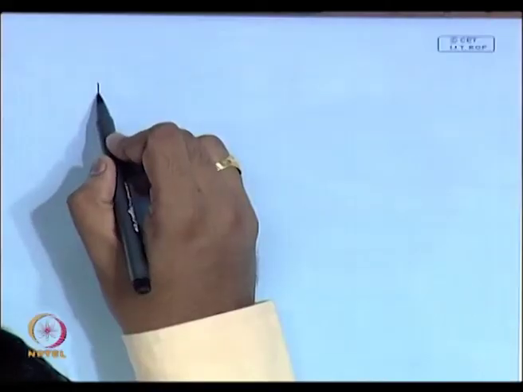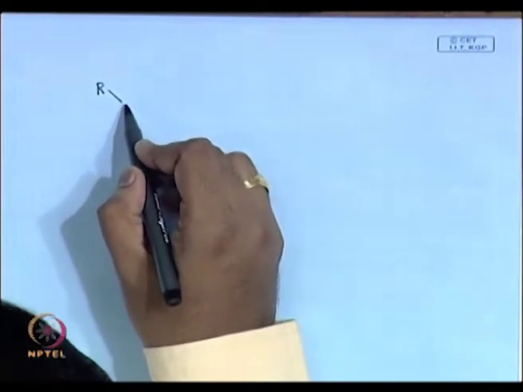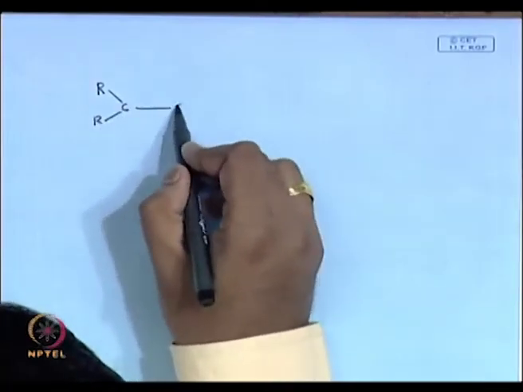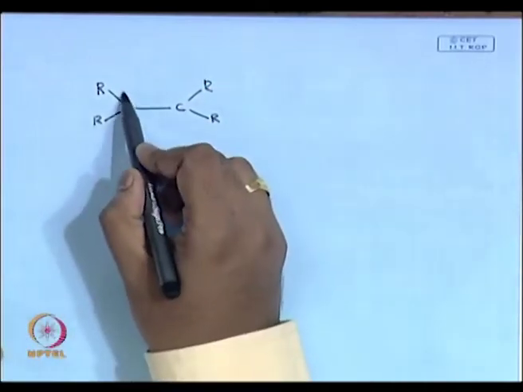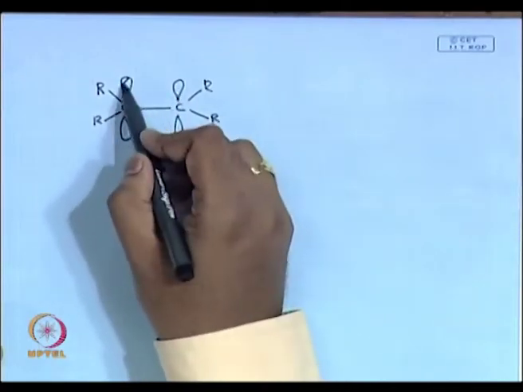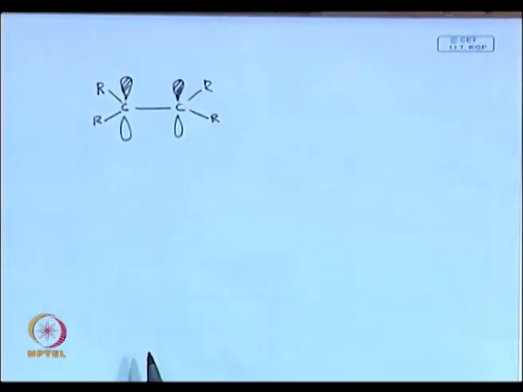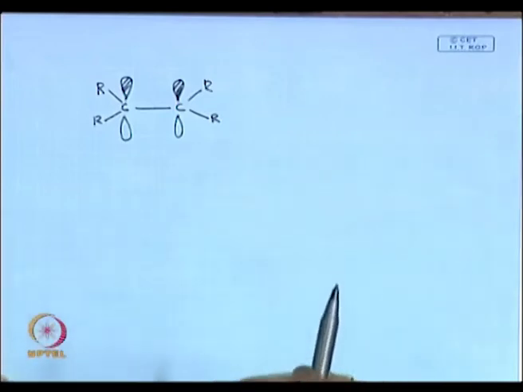For example, I am taking my alkene, you can consider the HOMO of your alkene. So, if you want to write, I am taking this as your alkene, like this type of system. What you do is that you just rotate this 90 degrees, so that your 2 lobes are seen like this.